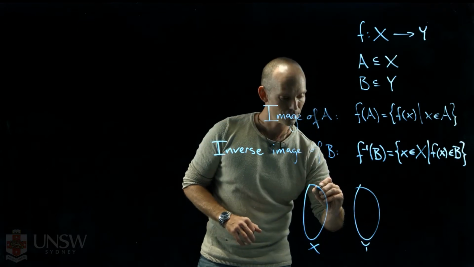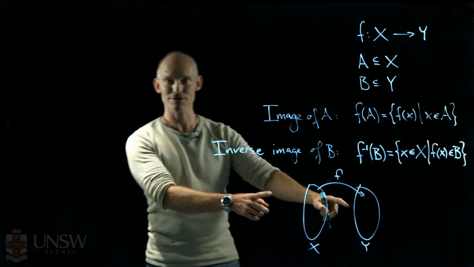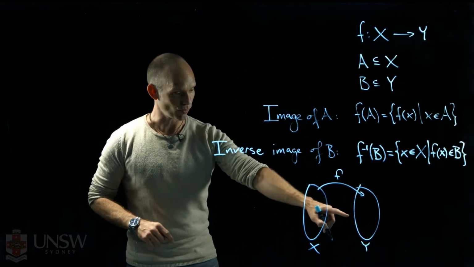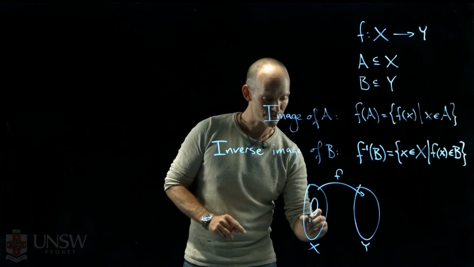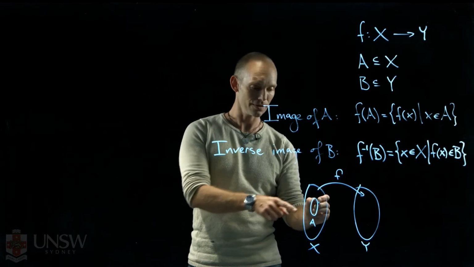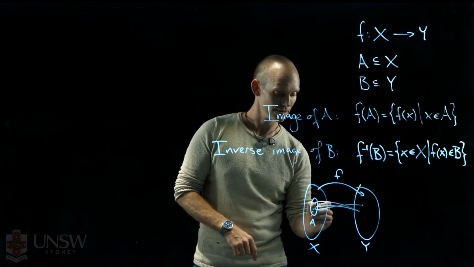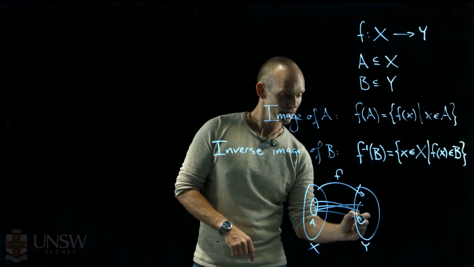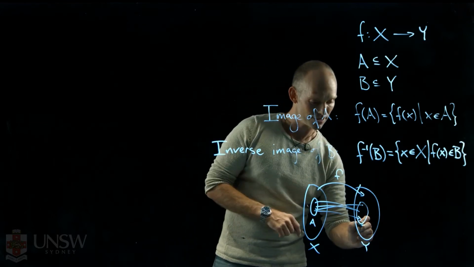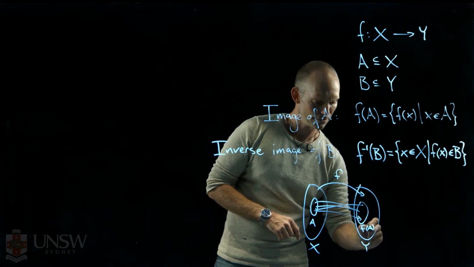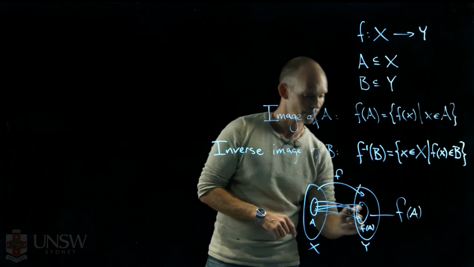You've got the function f taking the x values over and assigning y values, or function values, to them. And if we have subset A here, then the function values that we get by applying the function to it will give us the image of A. So this is f of A. And if you can't read that, I'll write it again a little bit bigger, f of A.